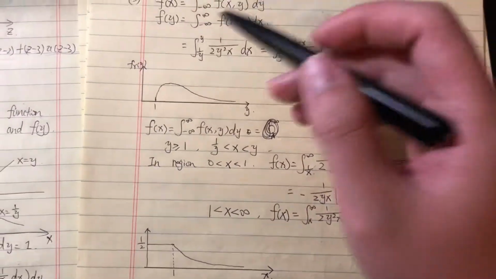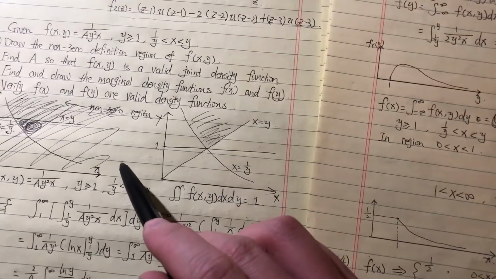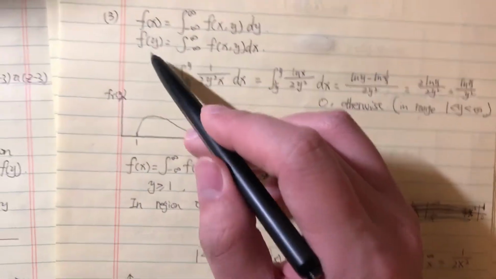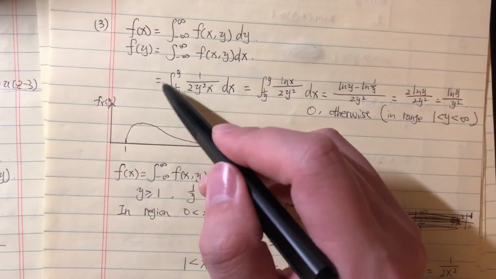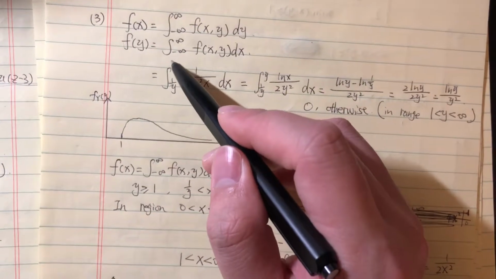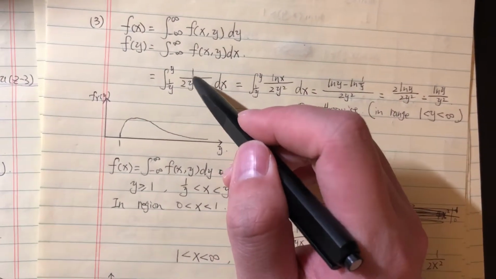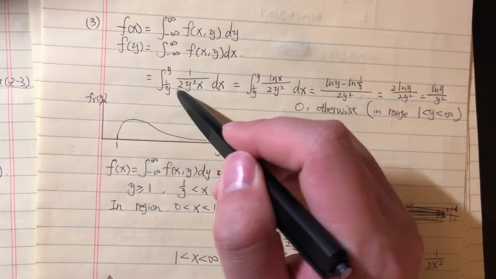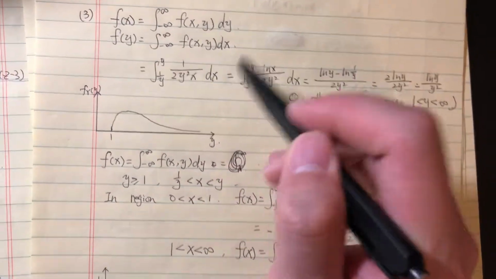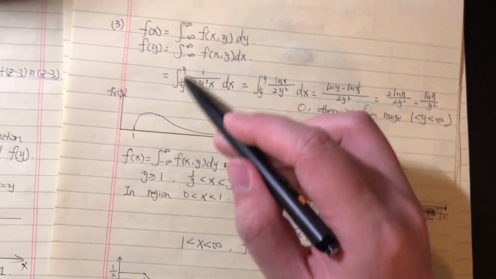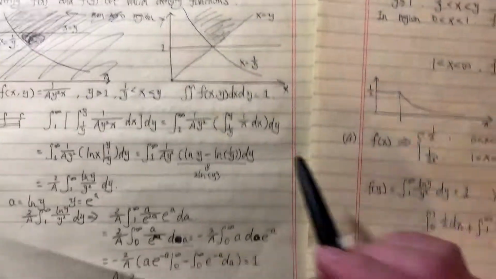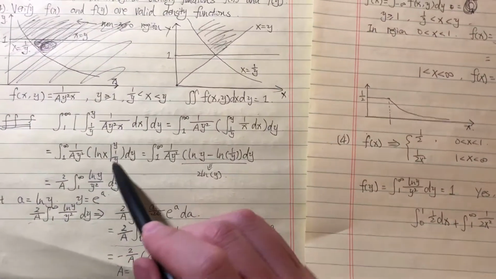Because we know the x region is from 1 over y to y, for f_Y we get the integral from 1 over y to y of 1 over (2 y squared x) dx.